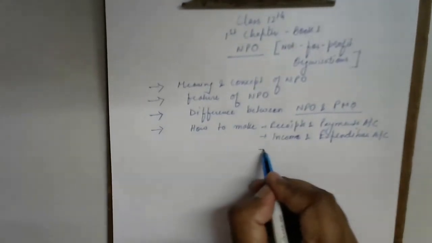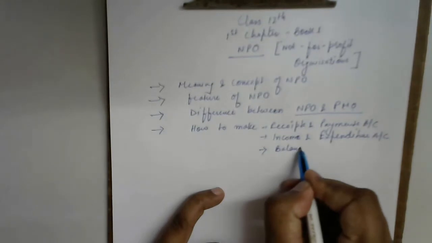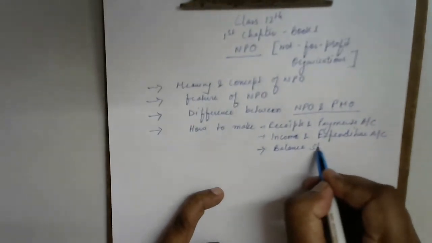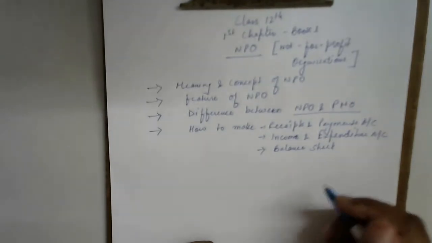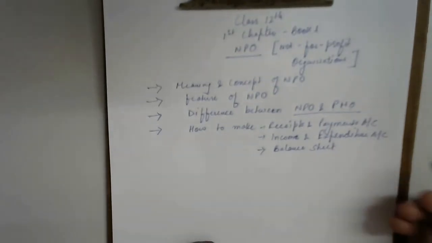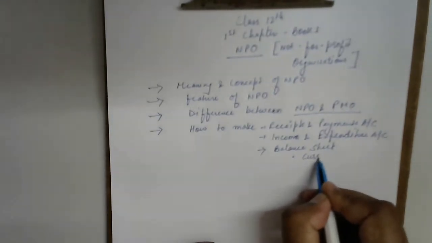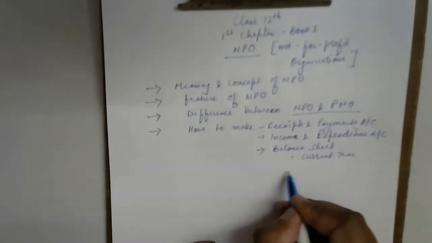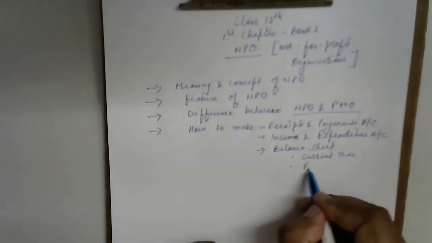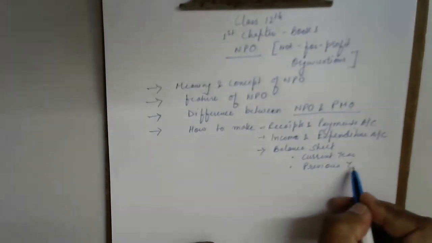We shall also discuss balance sheet. Last year in 11th, you must have made balance sheet of only the current year. But in case of NPO, in most of the questions, we are told to make the current year balance sheet as well as the previous year balance sheet. What is the idea behind making the previous year balance sheet?